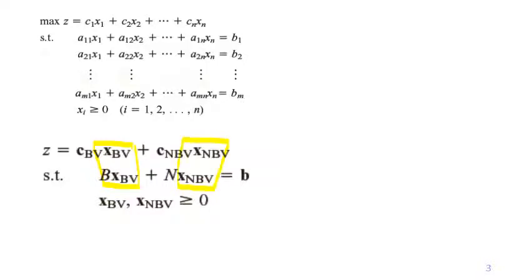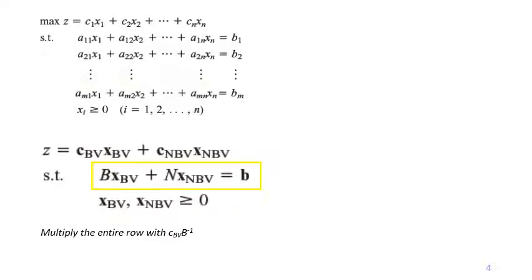We just rearrange the variables. Once we have grouped the variables, we may multiply the entire row of the constraints with CBV B inverse. And this is the result.